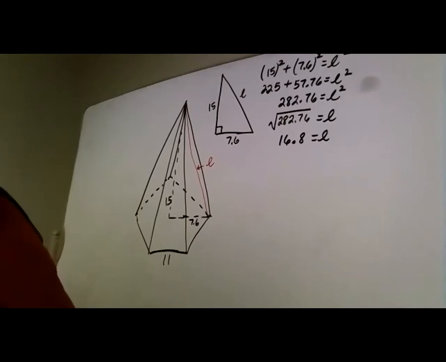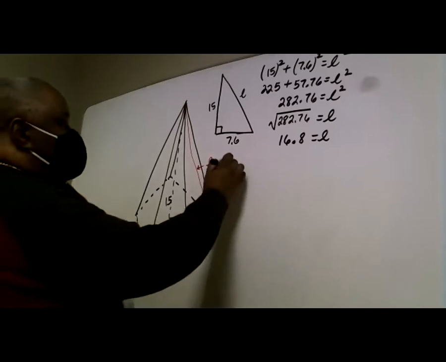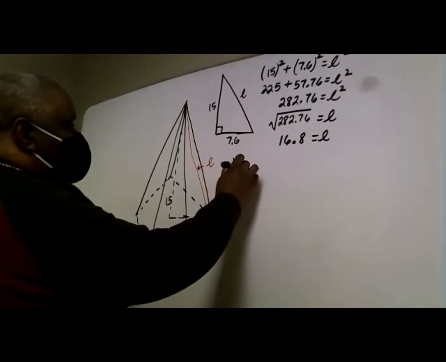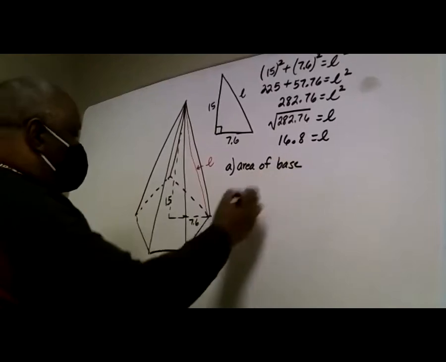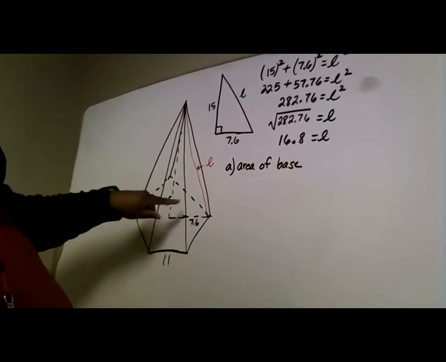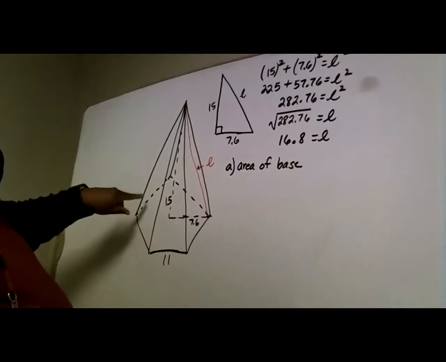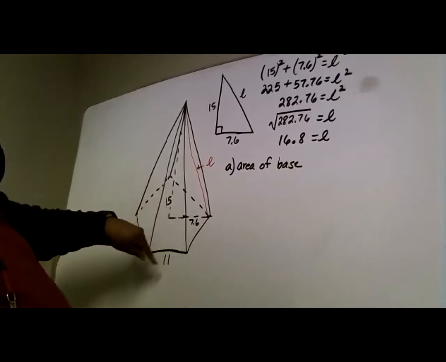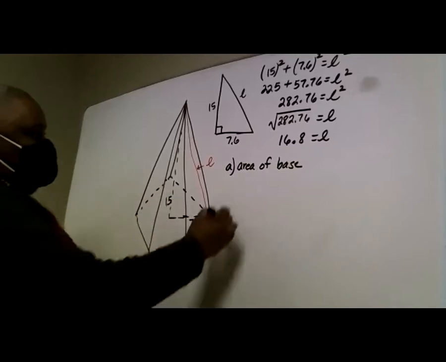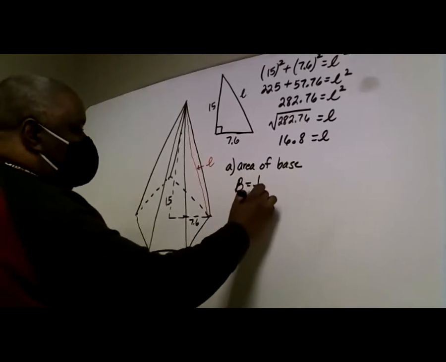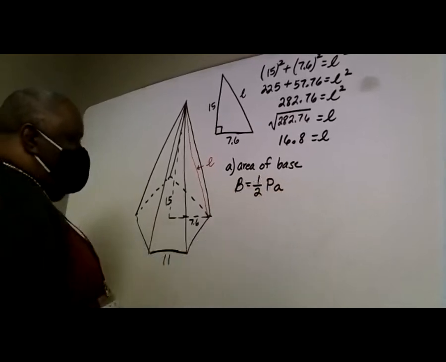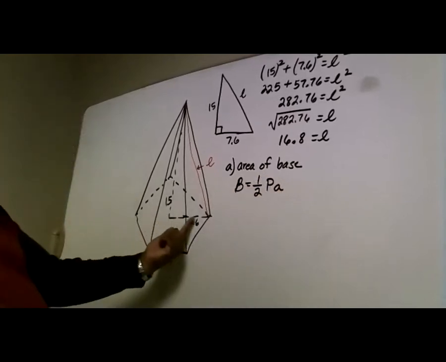Okay, so now we should be able to find the area of the base. This is part A. Now this right here is the area of the base right here. So this is B is equal to 1/2 the perimeter times the apothem. Now here that apothem is right here.